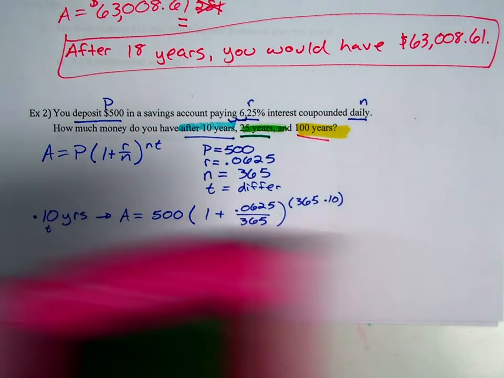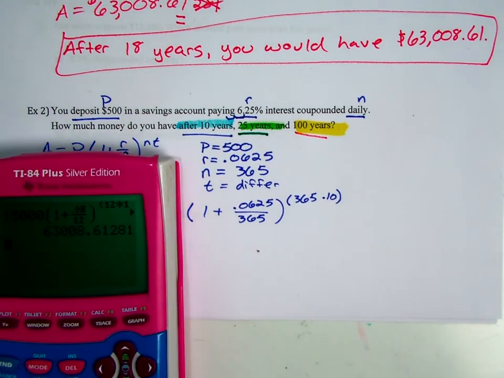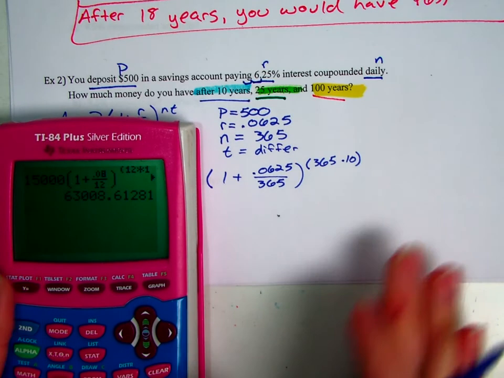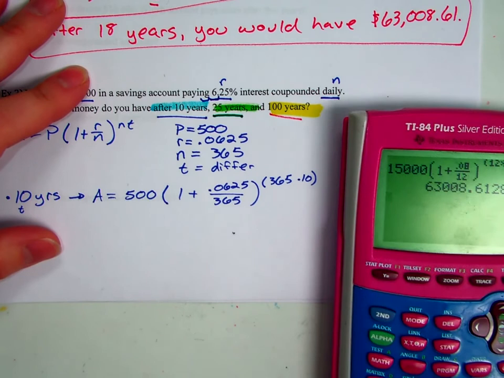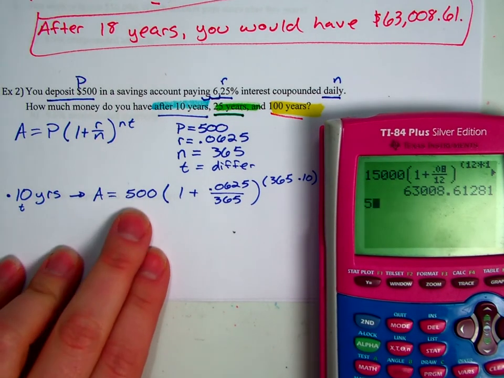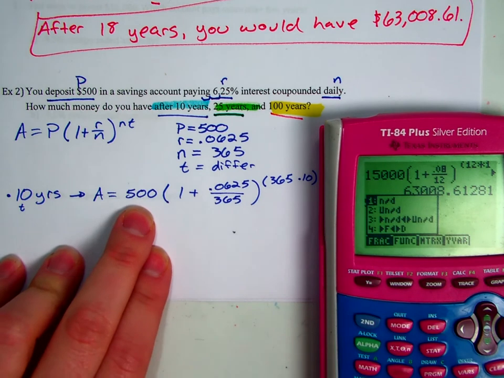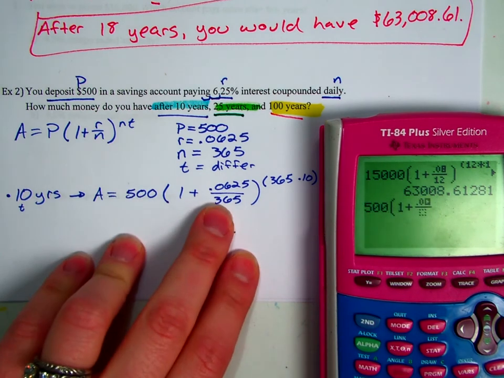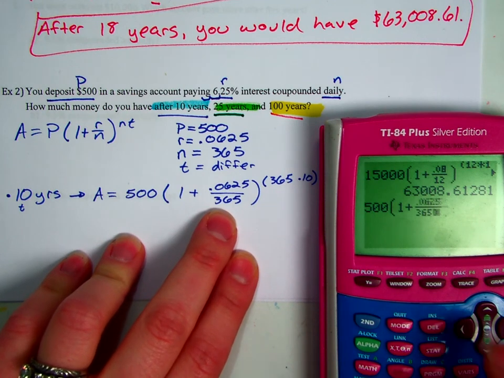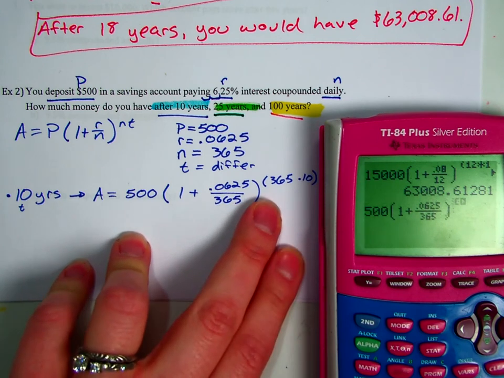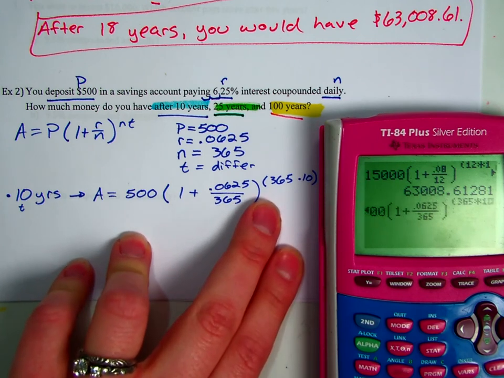So then I'm going to have to get out my calculator and go ahead and type that in. 500 parentheses 1 plus, use my fraction button, 0.0625 over 365. Oop, didn't need that parenthesis, so we'll delete that. Arrow out, parenthesis, to the 365 times 10.